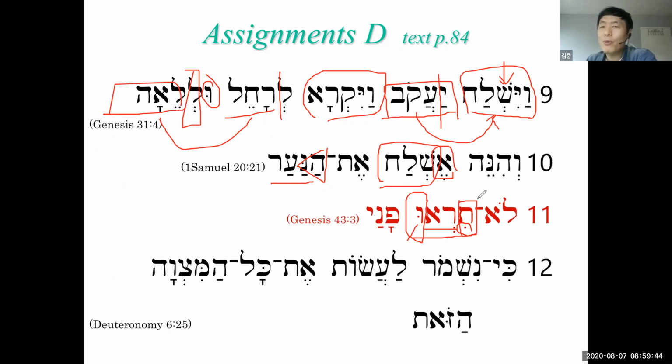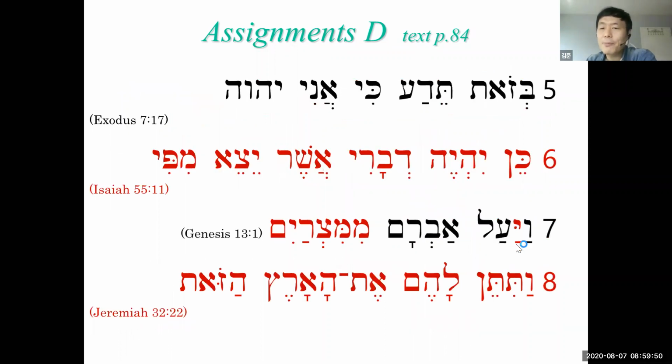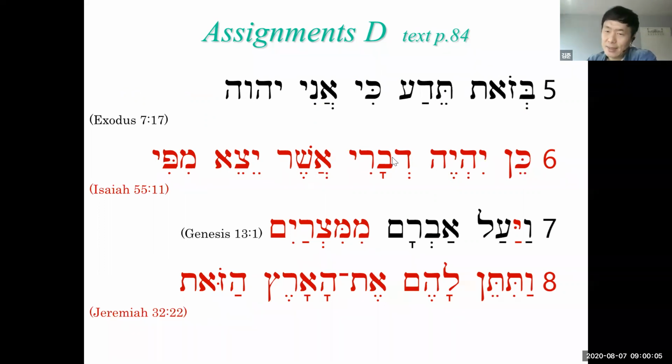So previously we had what? Let me go back. Here we have pata, right? I told you any vowel point can appear, but normally it is appearing in the form of pata and hirek. So we have pata.